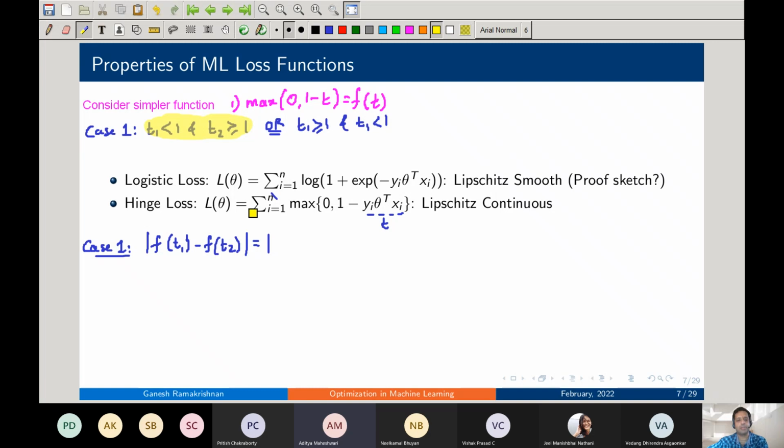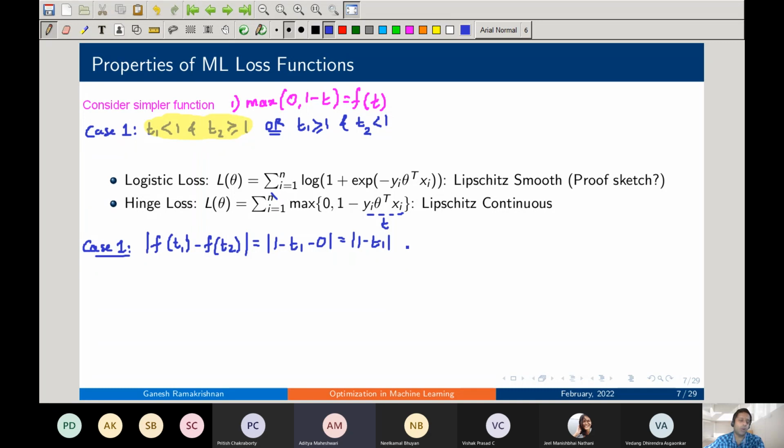Let's consider this case. What will happen is you'll have 1 minus t1 emerging as the max here, minus 0 emerging as the max for t2. Okay, so this is the absolute value of 1 minus t1, right?